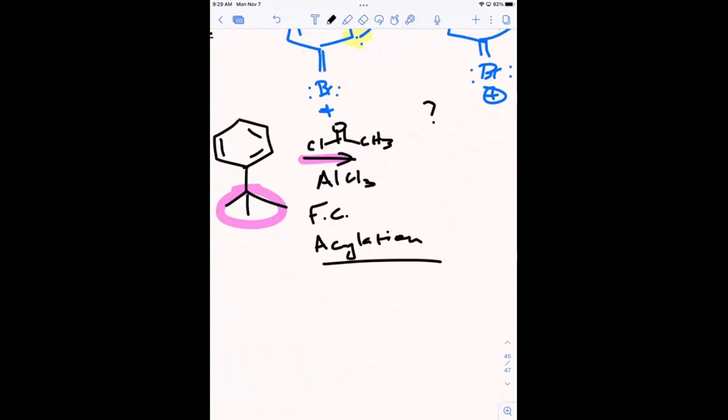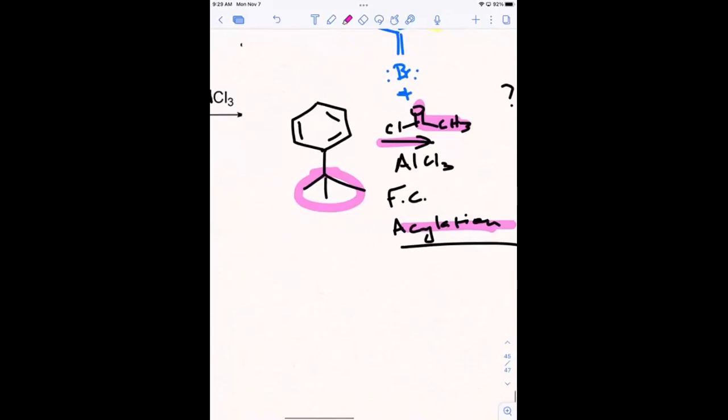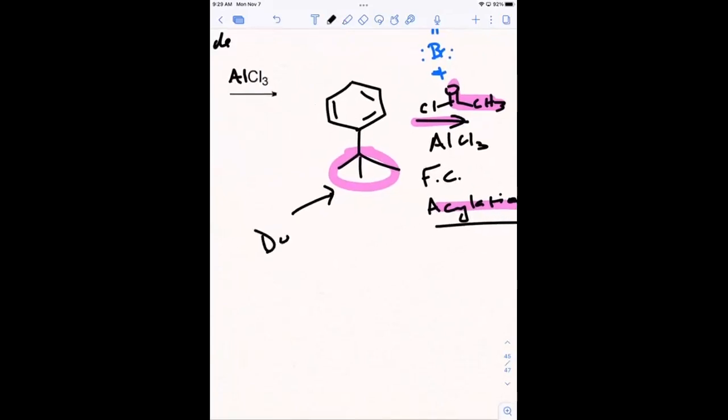I was going to say that chlorine is going to insert itself. Not the chlorine. If it's an acylation, it's this part, the acyl group. But the question is, we have to ask this first: is that alkyl group a donor or an acceptor?